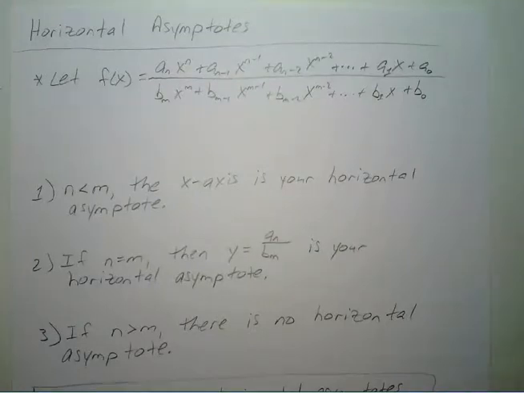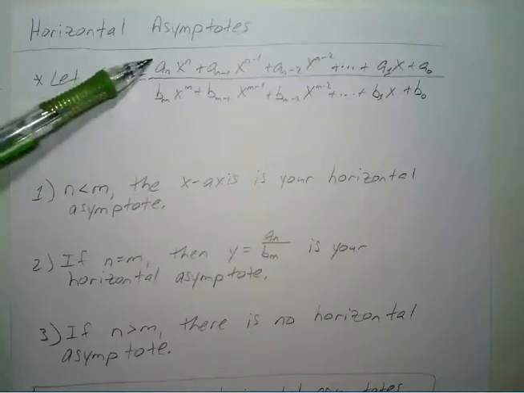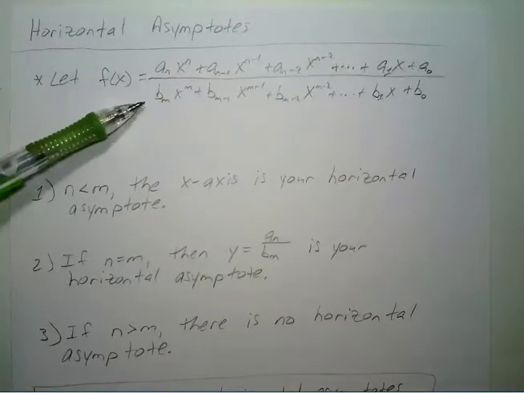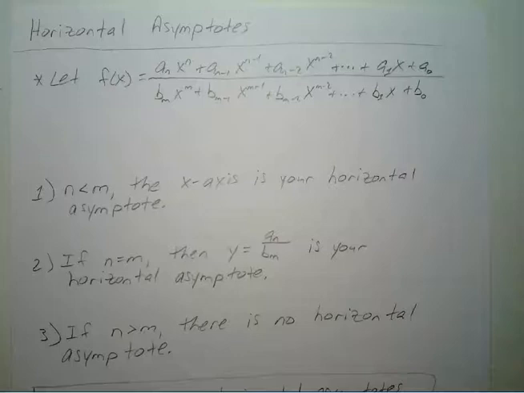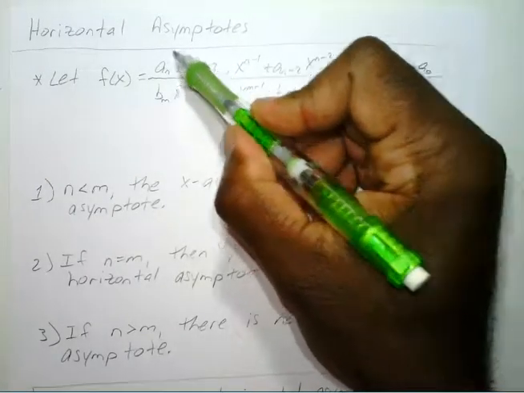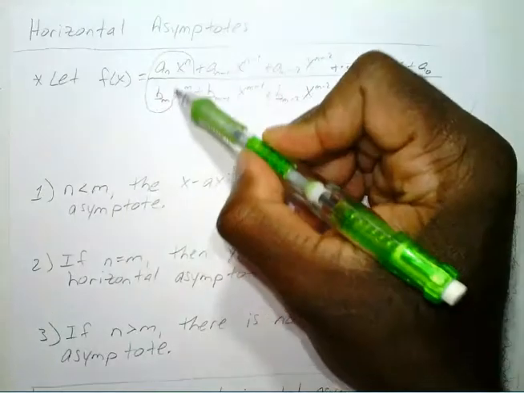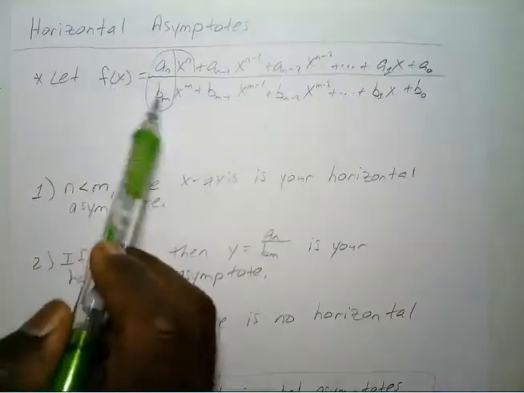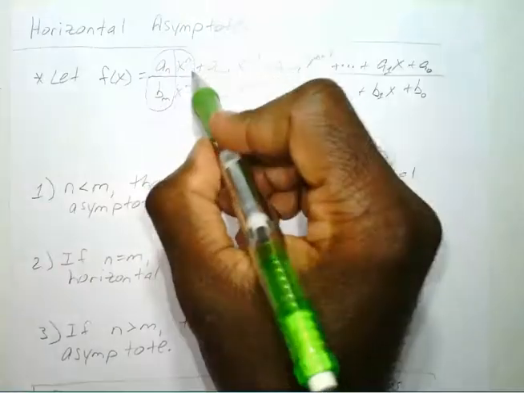Okay, so let our function be a quotient with a polynomial in the numerator and denominator. Everything for your horizontal asymptotes is going to revolve, well, actually just around your lead term.